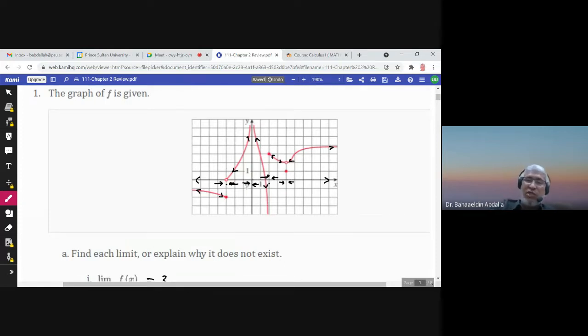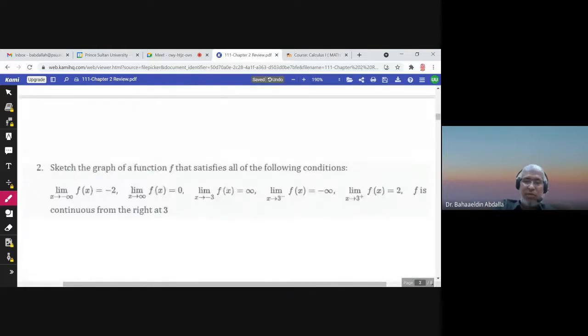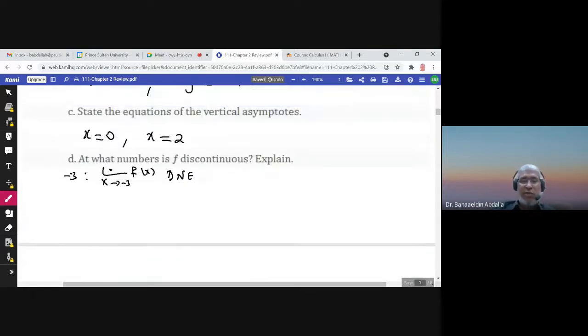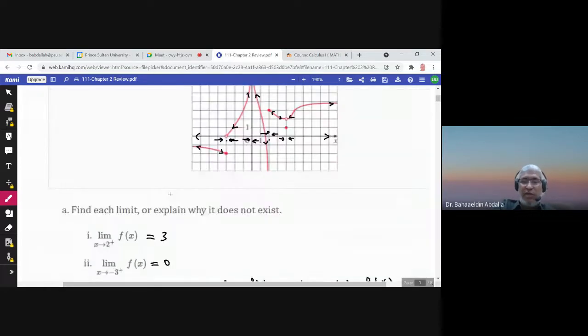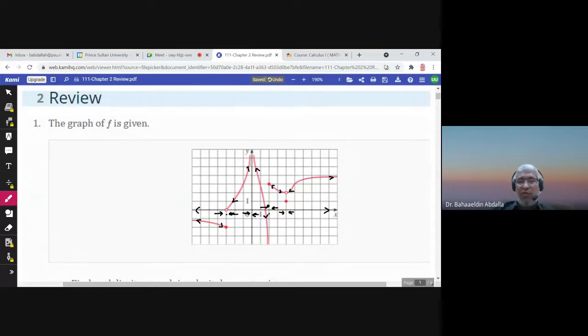Also, the function is not continuous at 0 because it's not defined. The function is not defined at 0. That's why we have a vertical asymptote. Also, it's not continuous at 2. Okay, at 2.